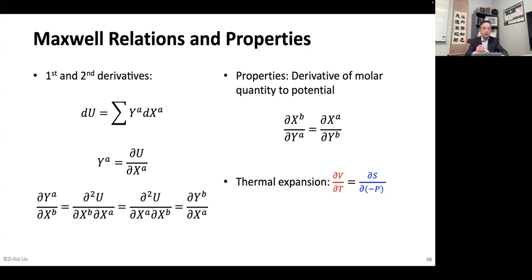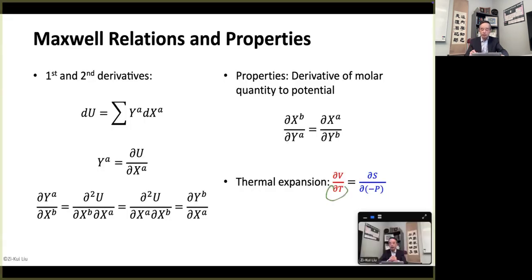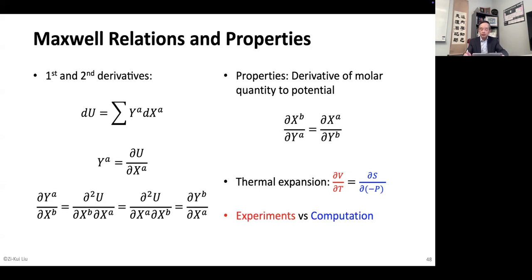So you could do S. Here we see these two: the conjugate pair is Y_A, X_A, and on the other side we have X_B and Y_B. What's very useful is that the left side is usually what we measure by experiments. The right side, as we will talk about in this class, we can calculate from fundamental theories.